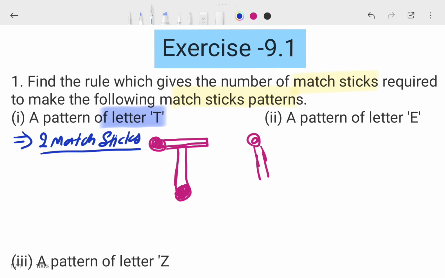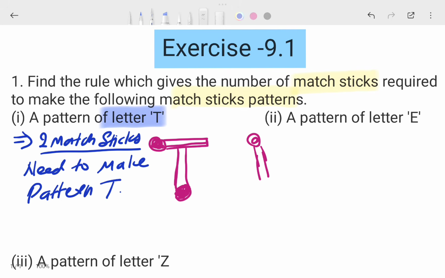Two matchsticks need for the pattern of T. So only two matchsticks. You can write it like that: two matchsticks need to make pattern T. Okay, this is over. The first question is totally completed.